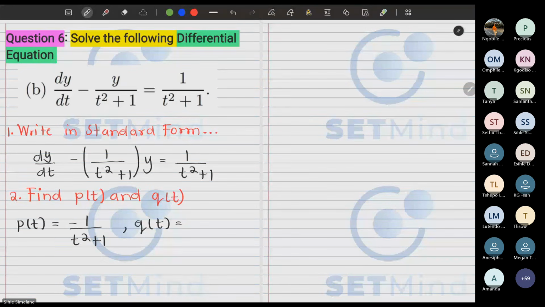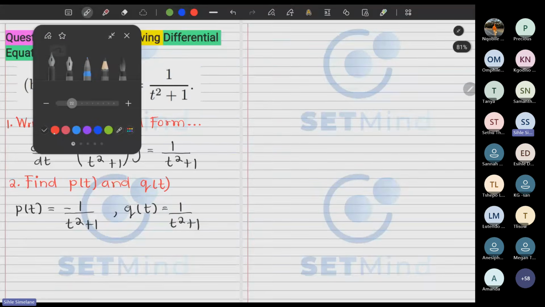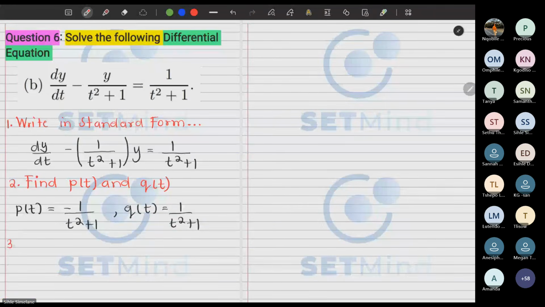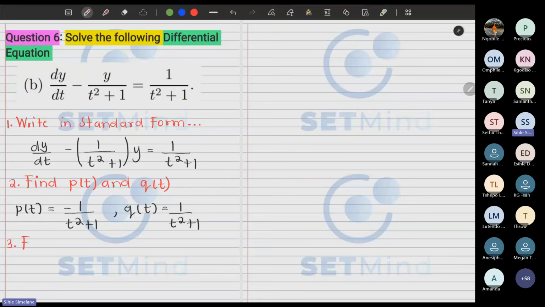Simple stuff, guys. Your q of t will be 1 divided by t squared plus 1. Okay, done with that. Let's go to step number 3. Step number 3, what we want to do is to find our integration factor.